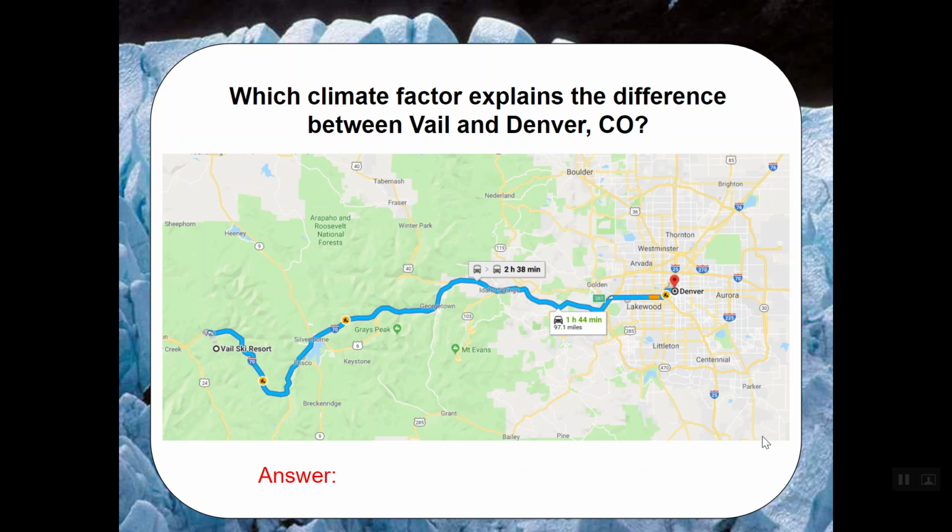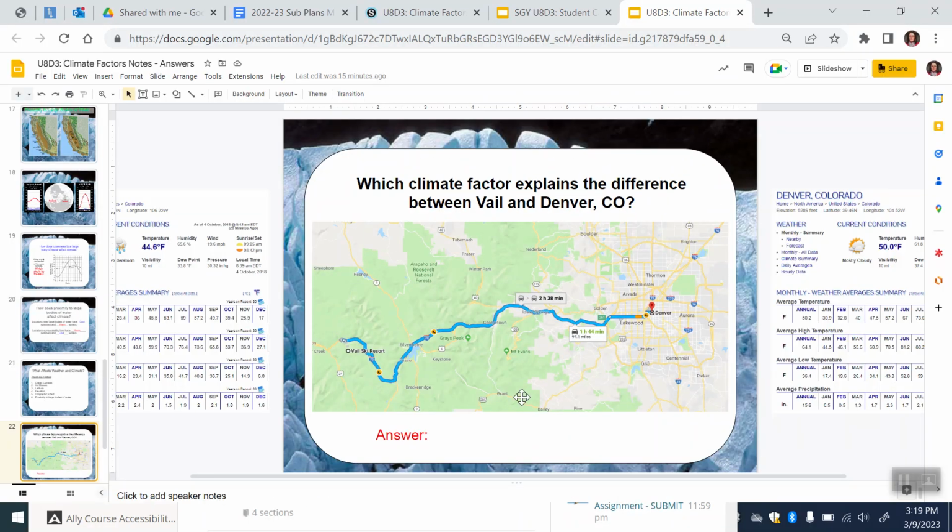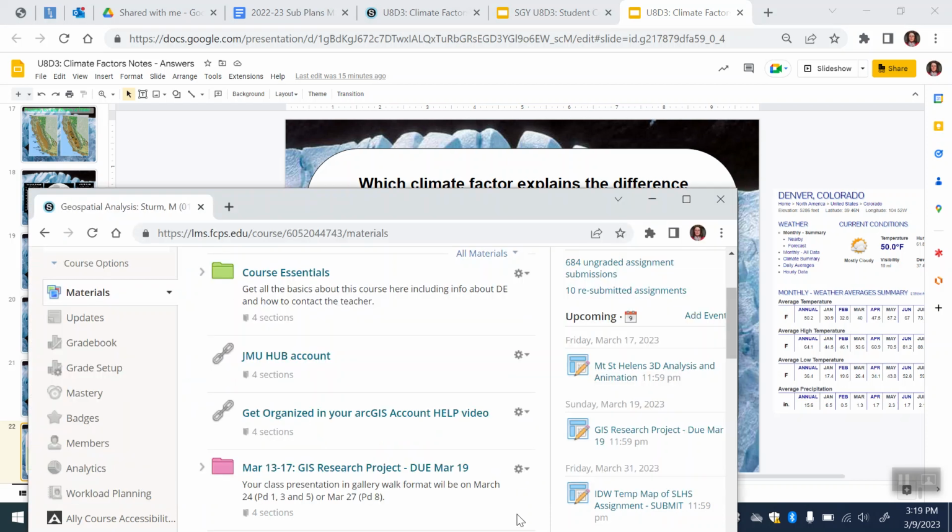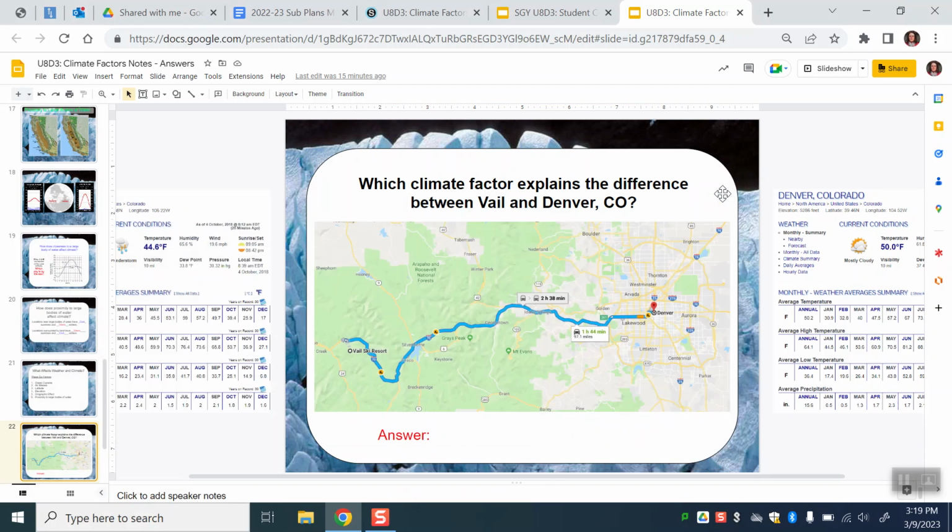So you're going to do a couple of things now kind of on your own. For example, you're going to say which climate factor explains the difference between Vail and Denver. And I'm going to show you, if you are in your slide deck here, you can move this up and down and it will allow you to see what's on the sides of your slide.